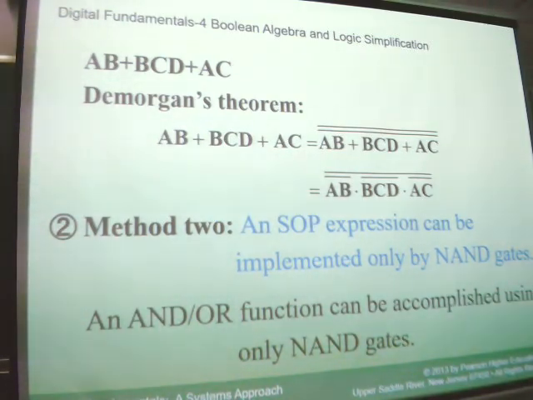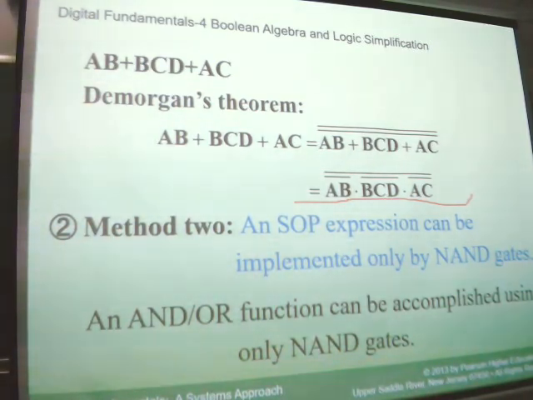We can also use NAND gates to implement an SOP expression. NAND gates like this. This is the second method to implement an SOP expression, using NAND gates.